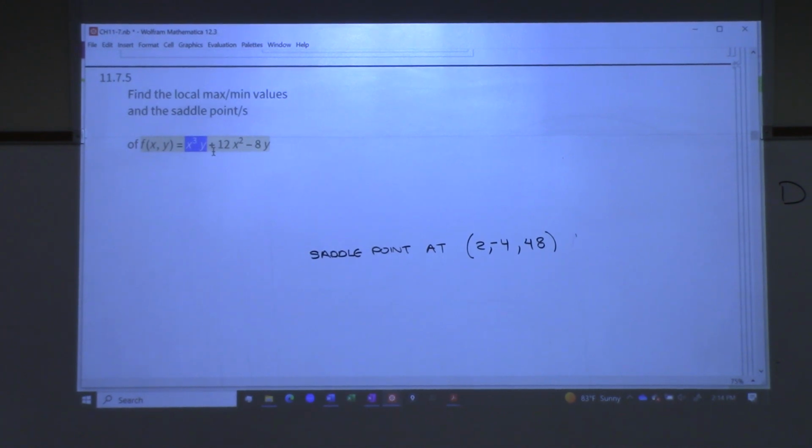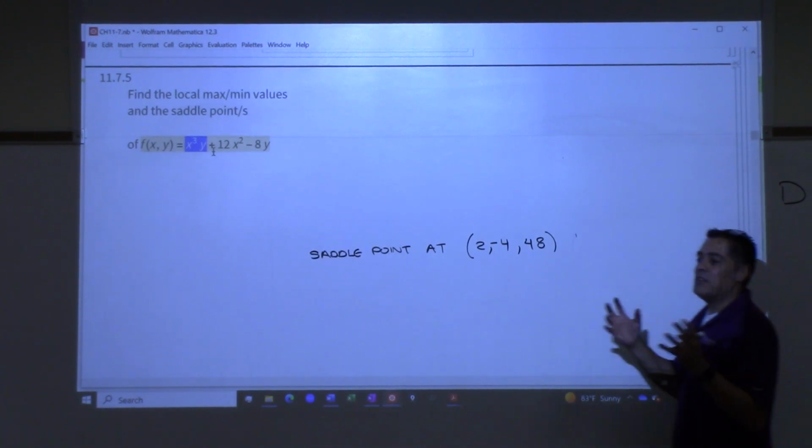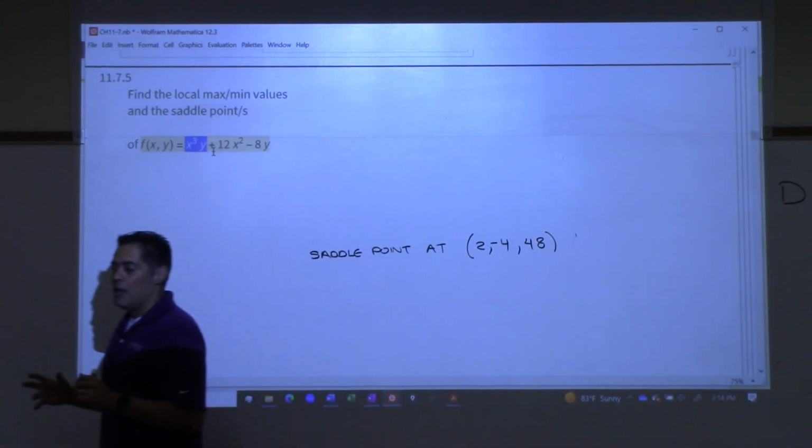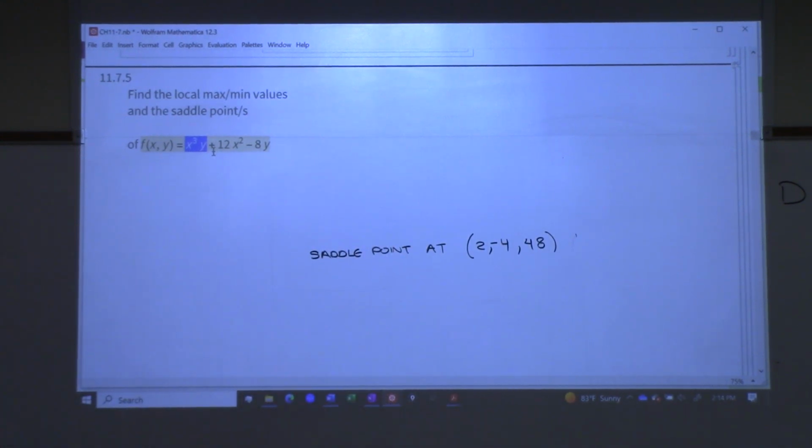Or if in some manner you get zeros for the whole thing, then the test fails, because the test only works when you figure out if it's positive or negative. I believe there is a problem that I may get to today, I may not, where we're going to run into that exact scenario. I usually offer it as a bonus question because it's not simple, but it can be figured out. So the test would fail, yes.